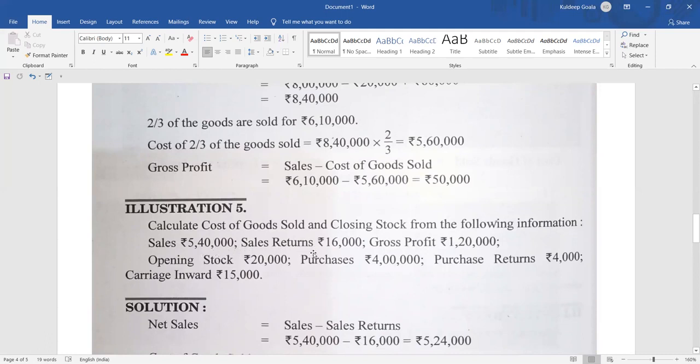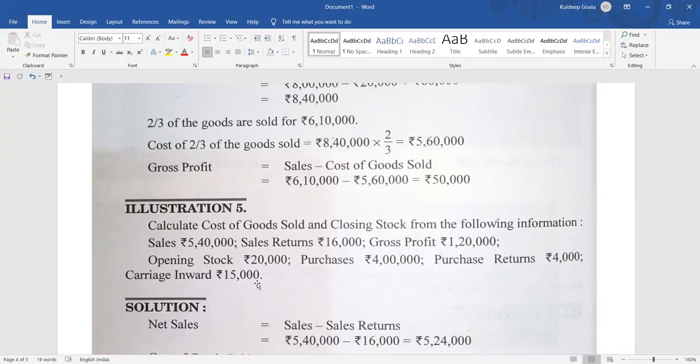From 5,24,000, if we deduct 1,20,000 rupees of gross profit, we get the cost of goods sold. Once you get the cost of goods sold, opening stock is given, purchase is given, purchase return is there, and carriage, that is a direct expense, is given. Then you can use the cost of goods sold formula and find out the closing stock.